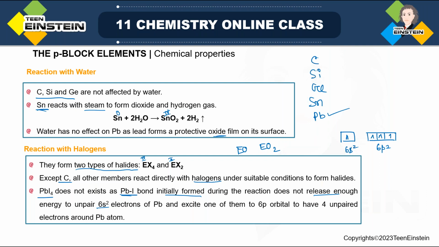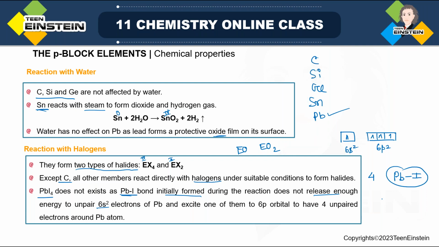After unpairing, we write it like this. For unpairing this 6s2 electron, we need some energy. This energy we can get if PbI4 is formed. In PbI4 there will be a total of 4 lead iodine bonds. When the bonds are formed, some energy will be released, and that energy will be used to unpair the 6s2 electrons.